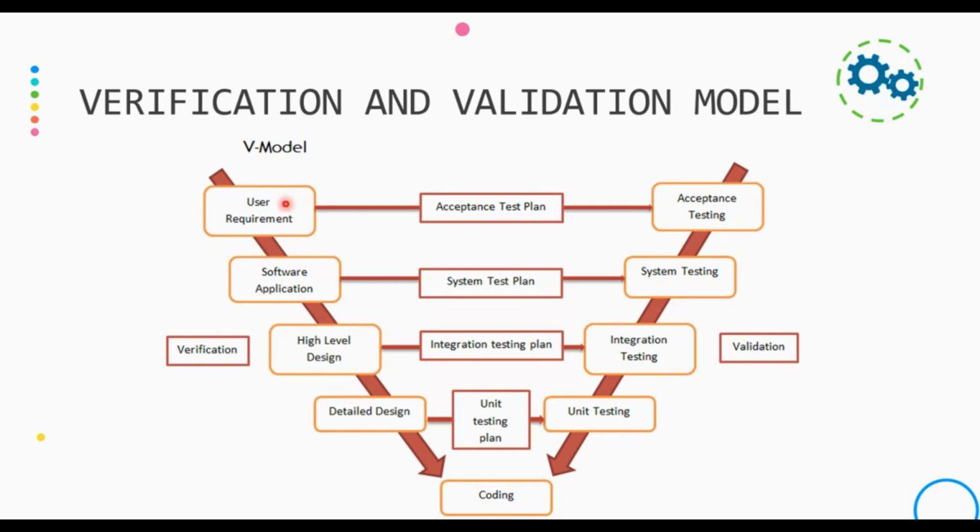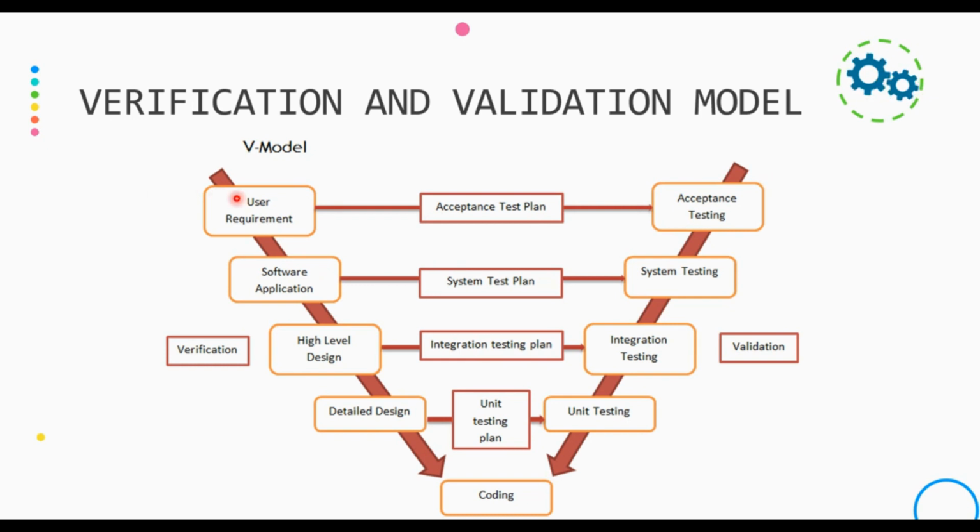You are able to see these lines directly parallel with acceptance testing, system testing, integration testing, and unit testing. The user requirements that are defined compare with the acceptance test plan. If the requirement is fulfilled, then the acceptance testing will pass.